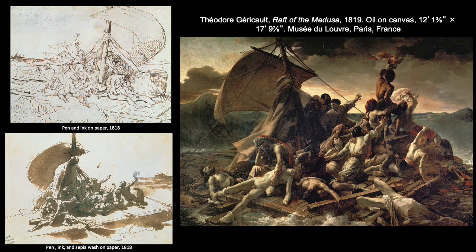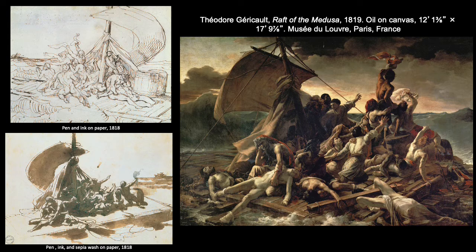And on the left, we have a couple of pen and ink drawings that the artist created in preparation for the final composition. You can see on the top left, defining the layout of the composition, although it's perhaps mirrored from the final.